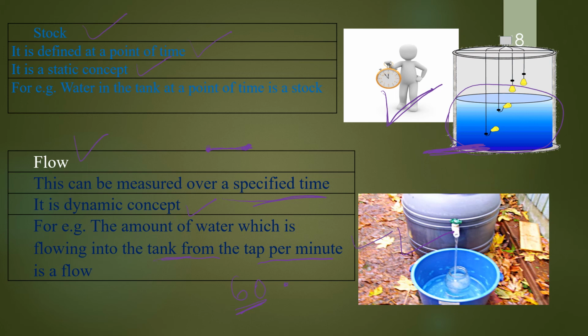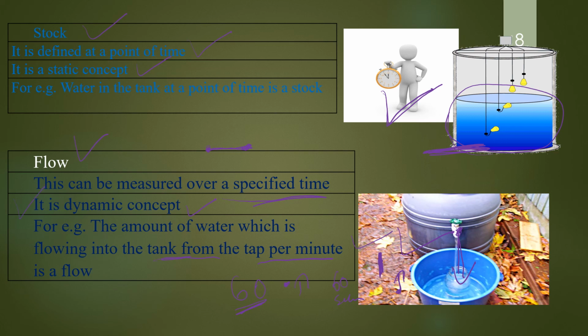So from the first second to 60 seconds, the water will keep on increasing as water flows from the tap to the bucket. Over 1 minute, definitely the amount of water will keep on changing, and because of that reason it is called a dynamic concept.